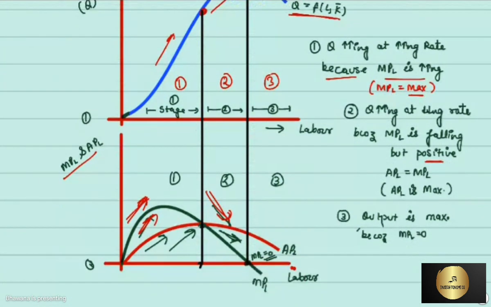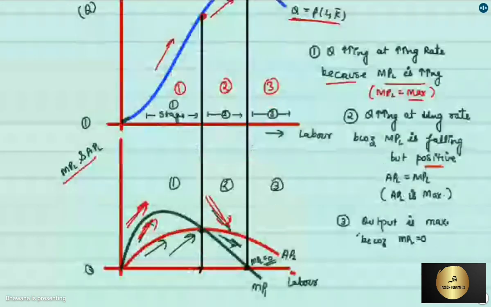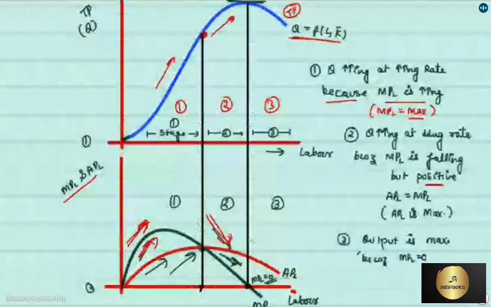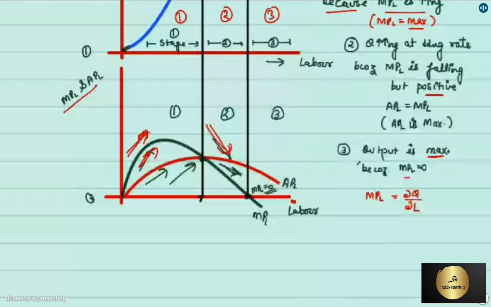Okay, and in your third stage output is maximum. Where the third stage starts and the second stage ends, there your MPL, which is del Q by del L, is 0. And what is del Q by del L? The slope of total product curve, right?